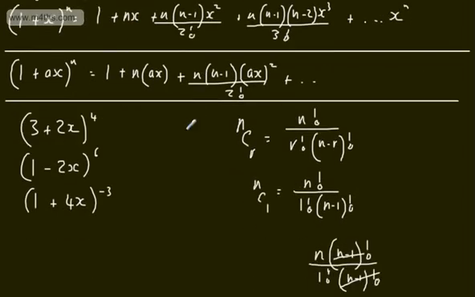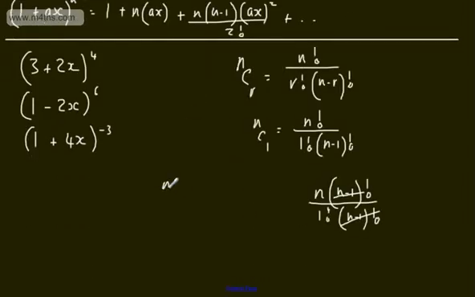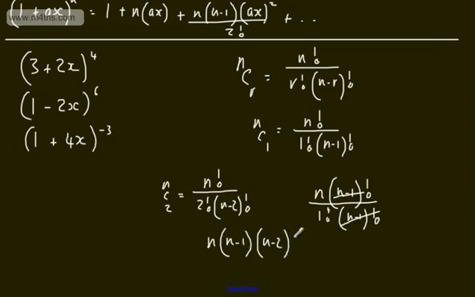Now if we look at nC2, this is going to give us n factorial over 2 factorial, and then (n minus 2) factorial. So n factorial is n, multiplied by the next one, which is (n minus 1), and then we have (n minus 2) factorial.